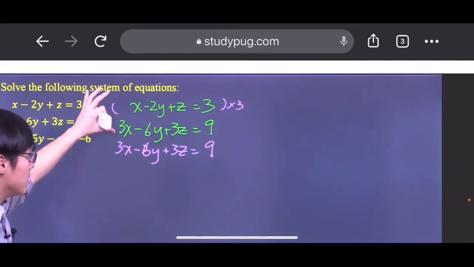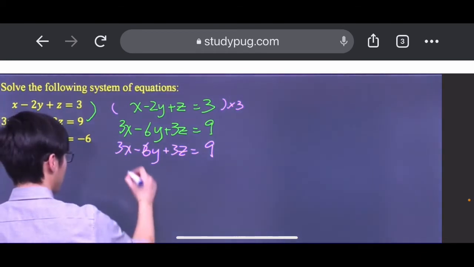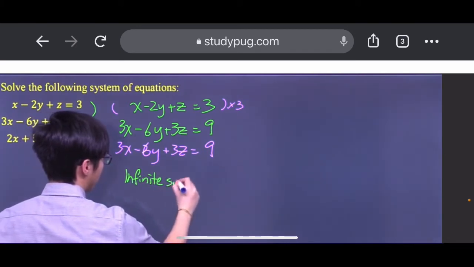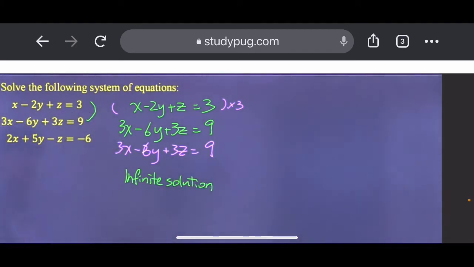So these are the same equation. So here, we can already conclude that it has infinite solutions. Now, however, some student might ask, all right, what about this equation over here? This equation is not the same as the previous 2 equations. So, do we still have infinite solutions or not?